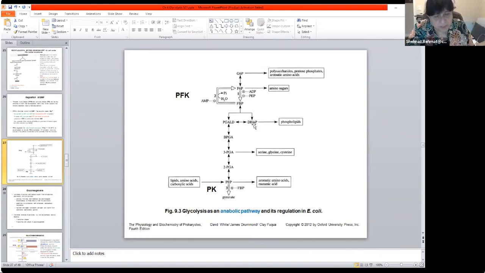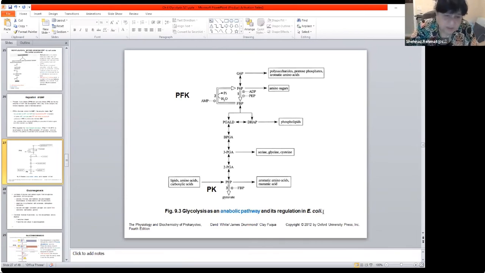Phospholipids are created from DHAP. Serine, glycine, and cysteine are amino acids that are synthesized from phosphoglyceraldehyde. And your PEP, of course, is used for aromatic amino acid synthesis and for muramic acid also. So you can see that this pathway generates intermediates that will be used for synthesis. Therefore, glycolysis is considered an anabolic pathway also.